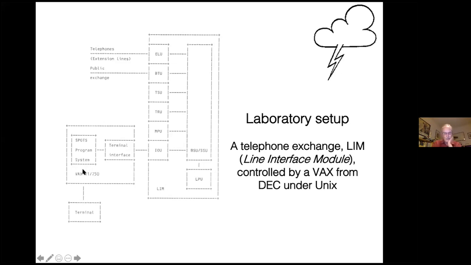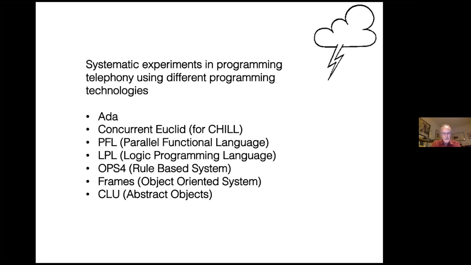Instead of the onboard computer for this switch, we had it replaced by the VAX, which we could program using any technology, which we did. We programmed this thing in all sorts of languages that we could get our hands on.